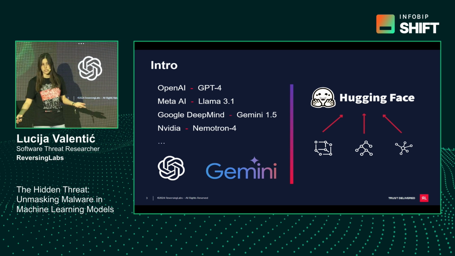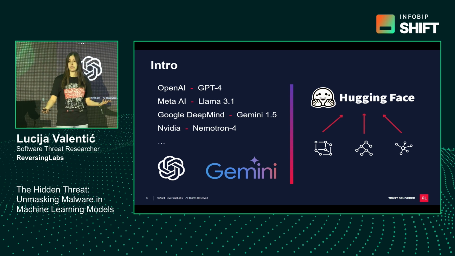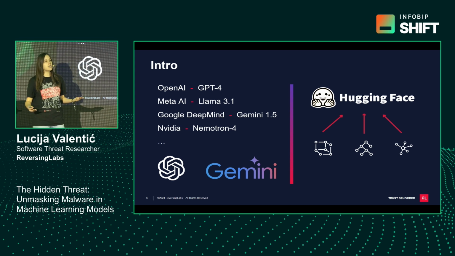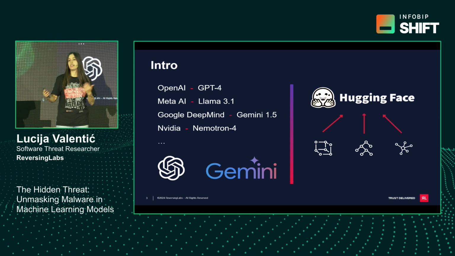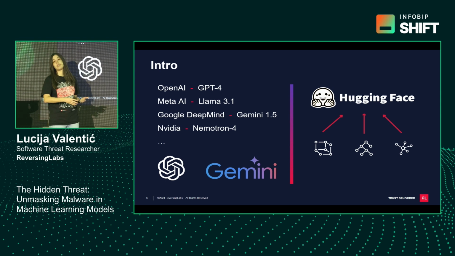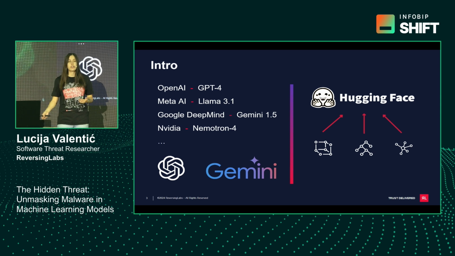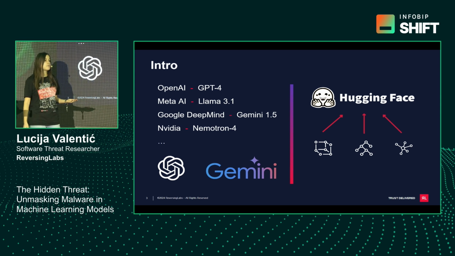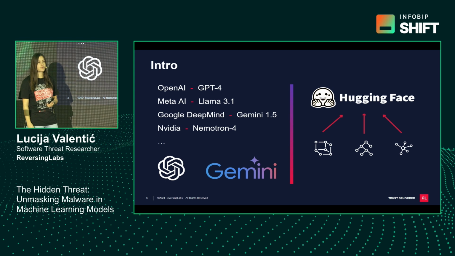And of course, since a lot of people started using machine learning models, there was also a need for platforms such as Hugging Face and PyTorch Hub to be created. Those serve as repositories where you can store machine learning models, share them, and find them for your own applications and services.